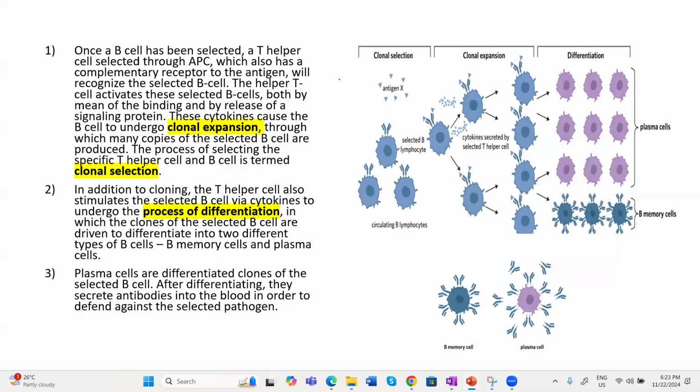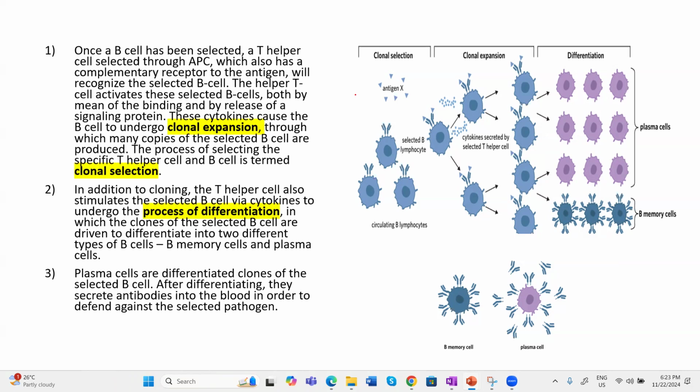Now see next. In the meantime, the T helper cell will interact with APC, antigen presenting cell, which is displaying the antigen fragment on the MHC molecule, and T helper will interact with that antigen fragment placed on the MHC molecule surface with the help of its receptor.